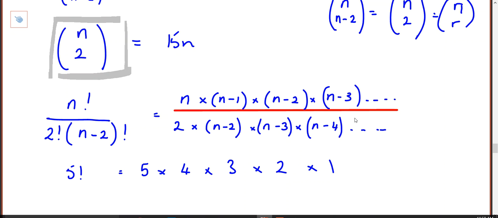The top and the bottom, even though it goes on forever, you know they're matched up. So I know I can cross out n minus 2 with n minus 2. I can cross out n minus 3 with n minus 3. Can I cross out the n minus 4? Yeah, that's gone because it would be there. And is everything basically crossed out up to n? Yeah? So basically I'm now only left with n times n minus 1 all over 2. Yes?